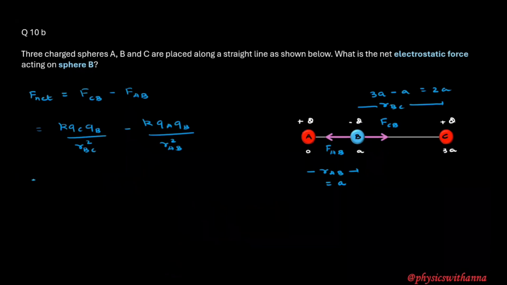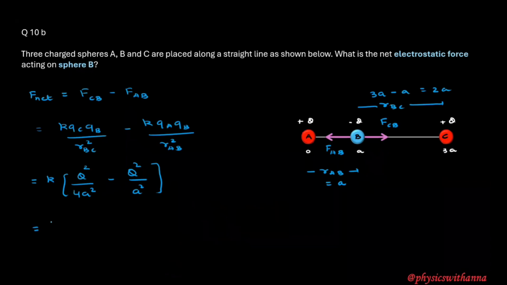So let's take k as common again. Both QC and QB have the same magnitude of charge, so it becomes Q squared over RBC, which is 2A. 2A squared will become 4A squared, minus Q squared over A squared.